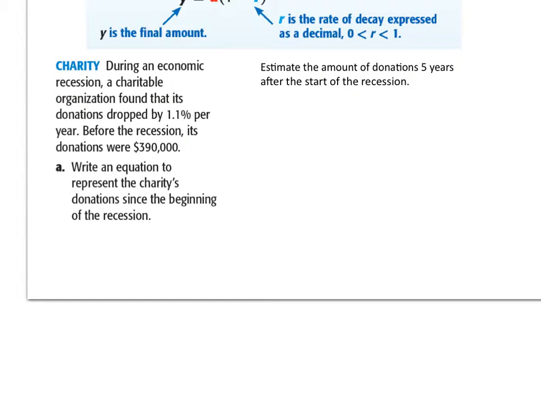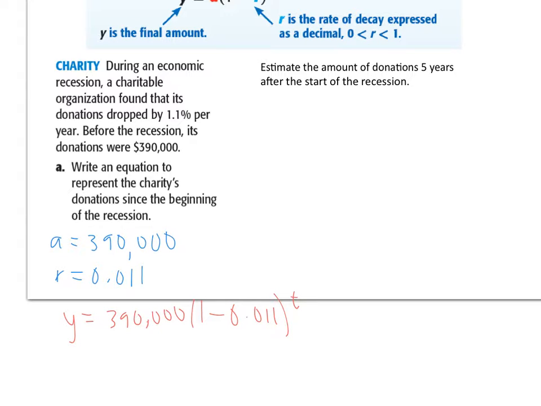So again, we can write down the facts that we know. So A, the initial amount is 390,000. We know r here is 1.1%, so if I move that decimal 2 places to the left, it's 0.011. And then that's all I need now to write my equation. So y equals 390,000 times the quantity 1 minus 0.011, all to the power of t.